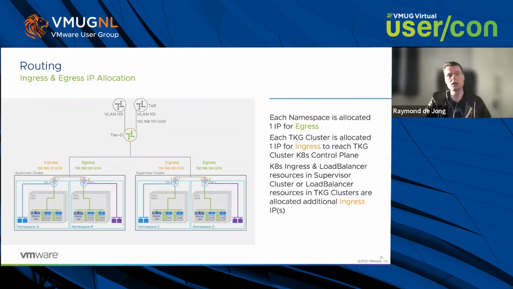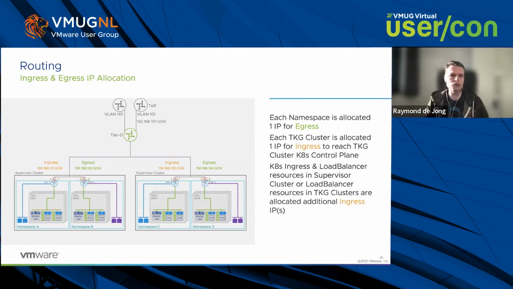Then for each namespace, it will be allocated one ingress IP by default to be able to interact with, for example, the TKG cluster, and to be able to reach the Kubernetes control plane on a TKG cluster.